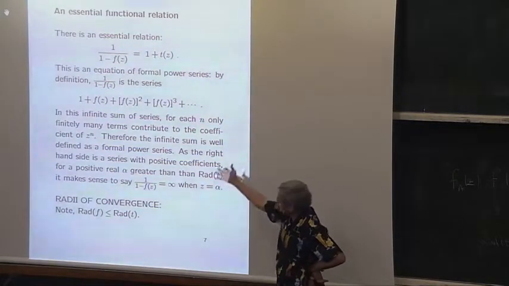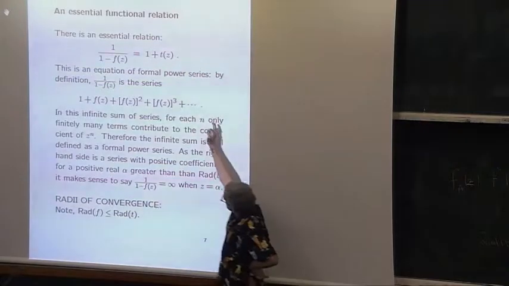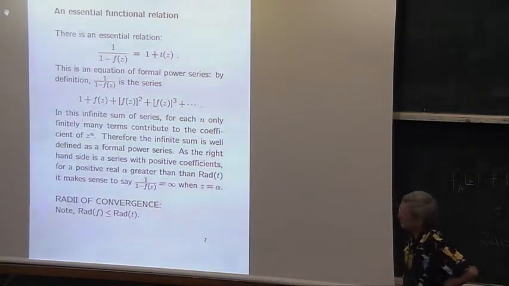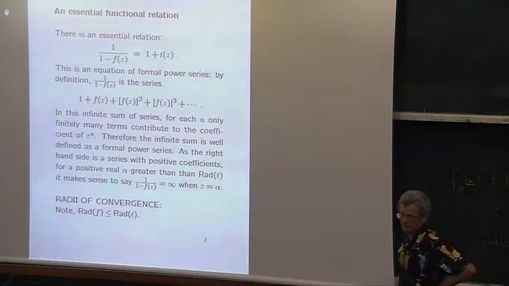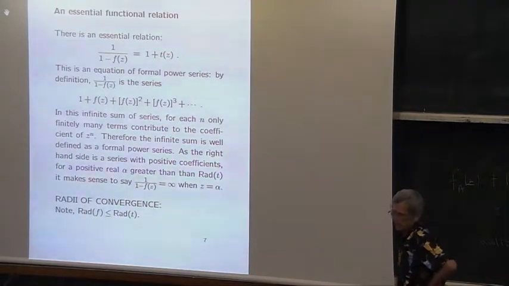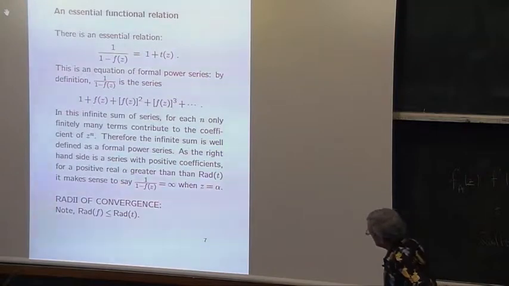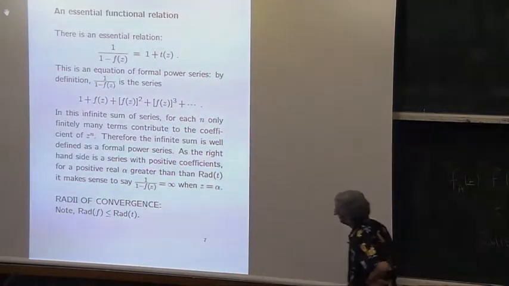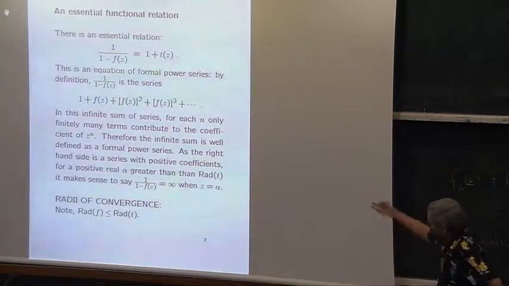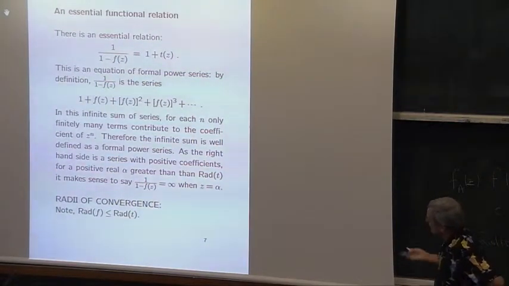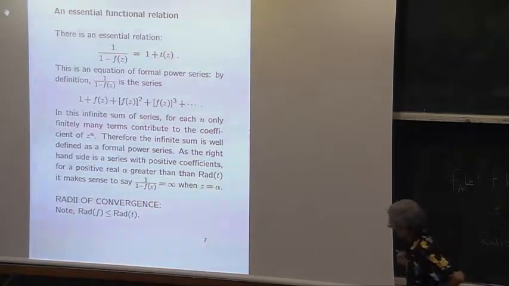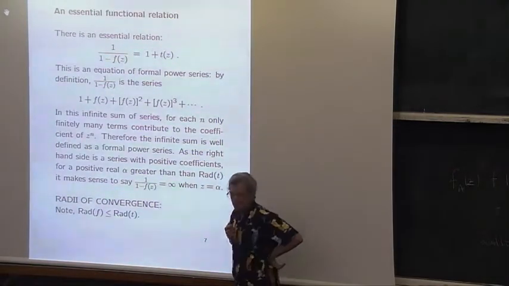So if I want to find, for example, the coefficient in this series of z squared, I only have to look at f and f squared. Okay, so this is a well-defined formal power series. Now, if I have a real number which is bigger than the radius of convergence of this power series, it makes sense to say that when we evaluate at that number, we get 1 over 1 minus f is infinity.